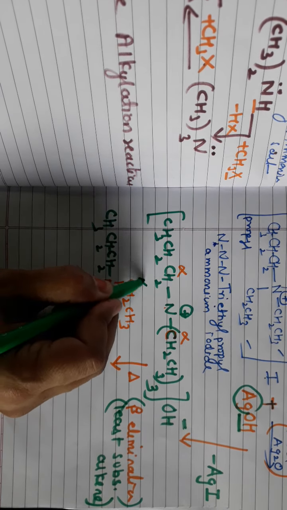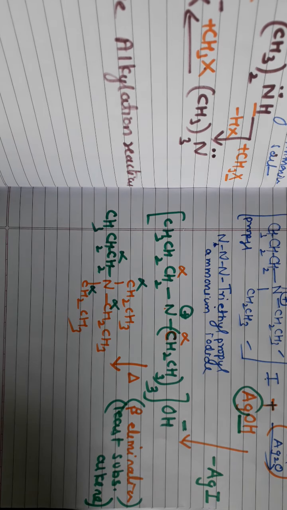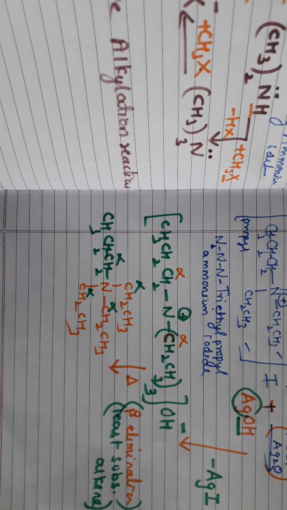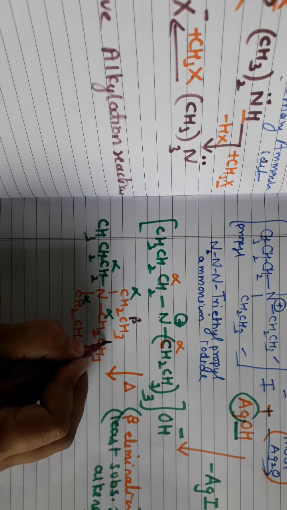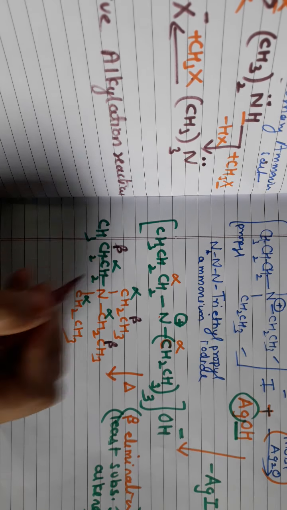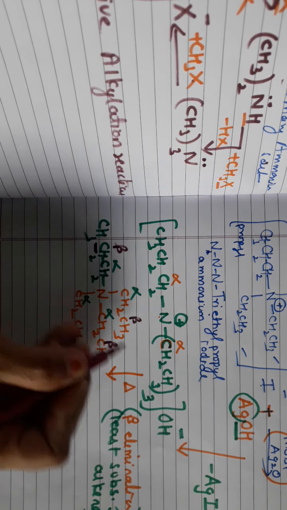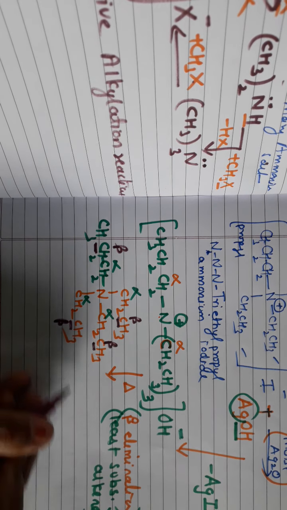So this is alpha carbon, alpha, alpha, and alpha. Now where is the beta carbon atom? You have guessed correctly, this is the beta carbon atom, this one, and this one. So our focus has to be at the beta hydrogen atom.